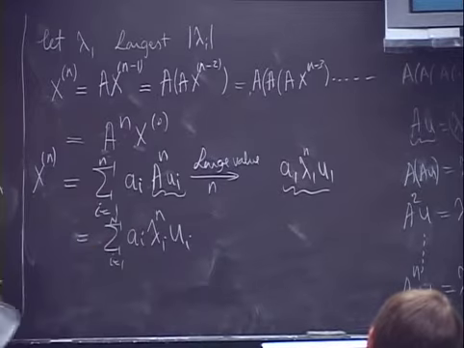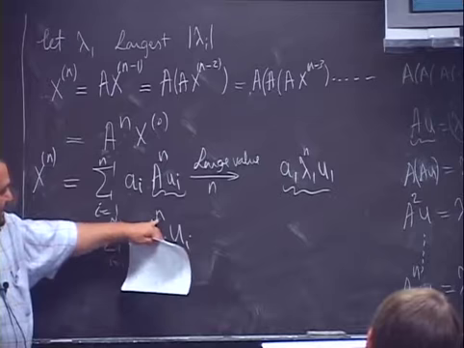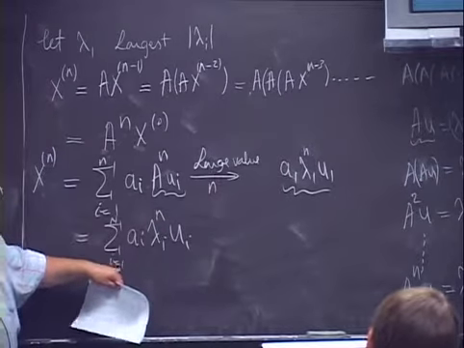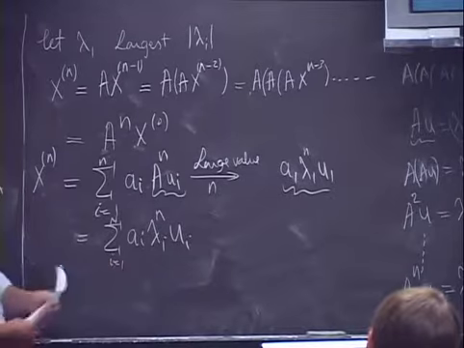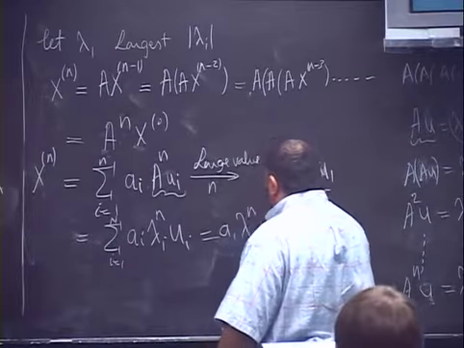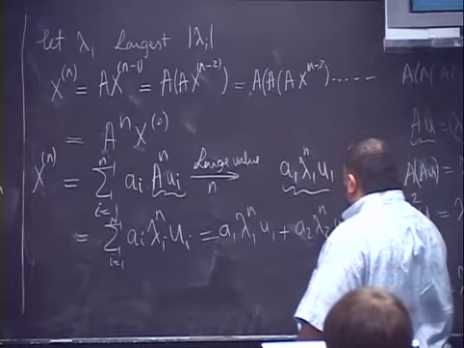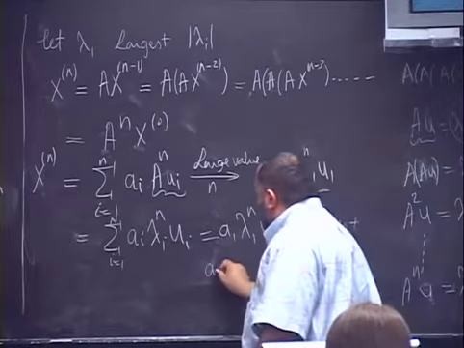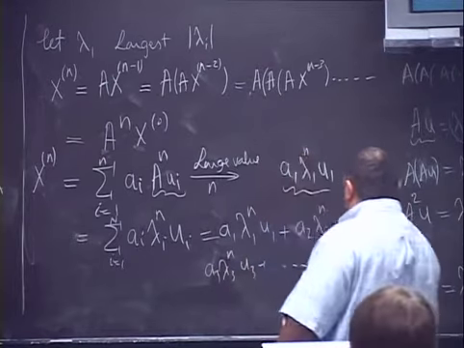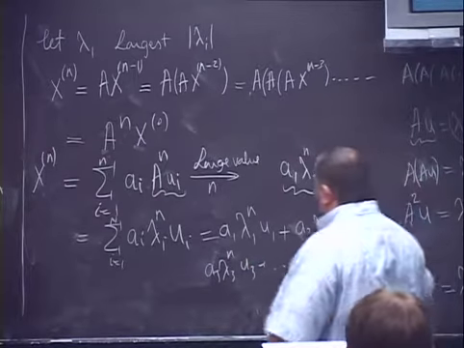The n here is not what you are running over. You are running over i. So this will be a1 lambda 1 to the power of n u1 plus a2 lambda 2 to the power of n u2 plus a3 lambda 3 to the power of n u3, and so on until you get a capital N lambda N to the power of n uN.